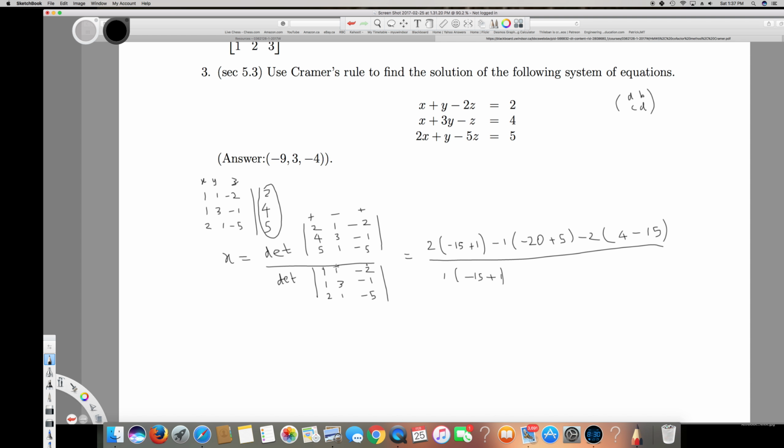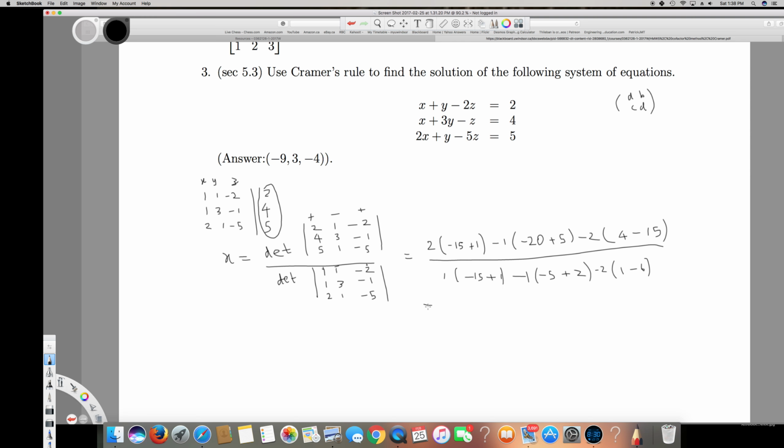The second one is going to be minus 1, because this is plus, minus, plus. So this is minus 1 times, and here 1 times minus 5 is minus 5, and 2 times minus 1 is minus 2, but minus minus 2 becomes plus 2. Then we take the third one, which is minus 2, so 1, 3, 2, 1 are left. 1 times 1 is 1, and 3 times 2 is 6, so minus 6.